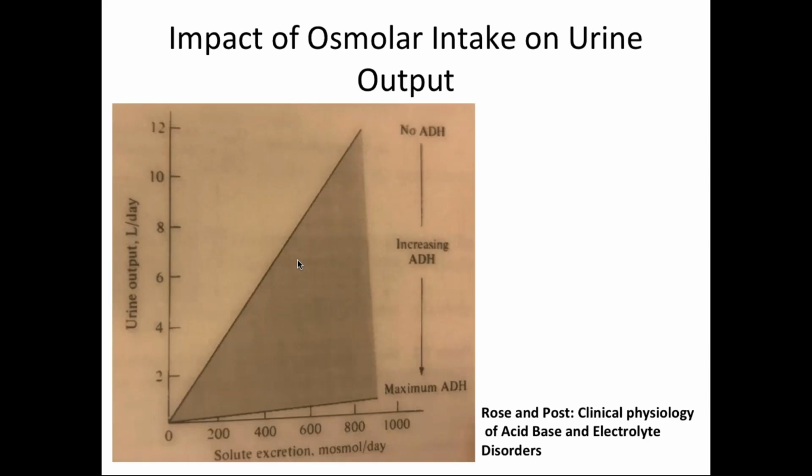So another concept to look at is the wide range of osmolarity, and that dictates the range of urine outputs as well. And with ADH, the kidney will alter the amount of urine that is being produced based on the water intake.